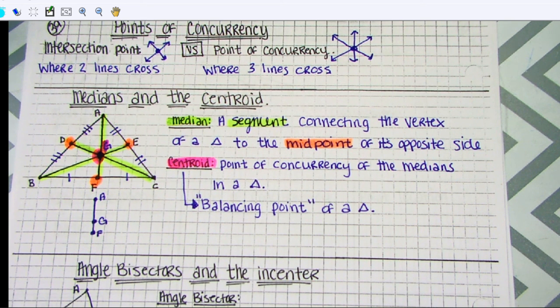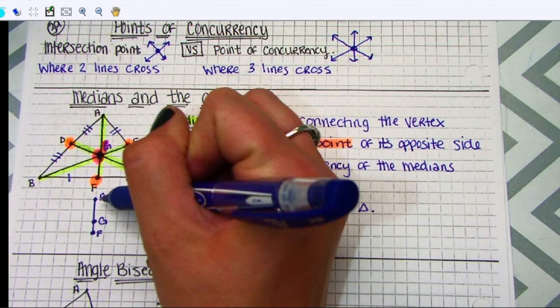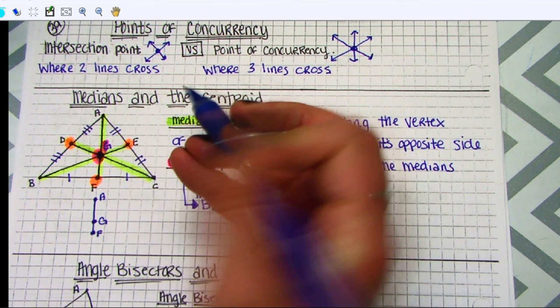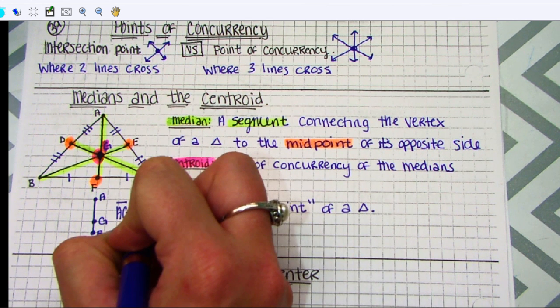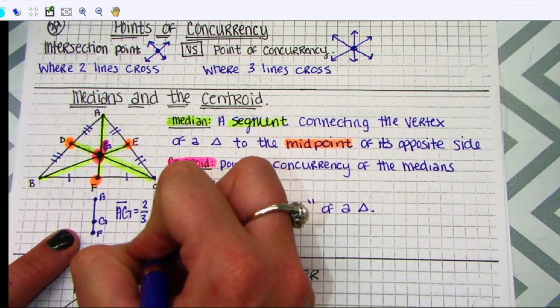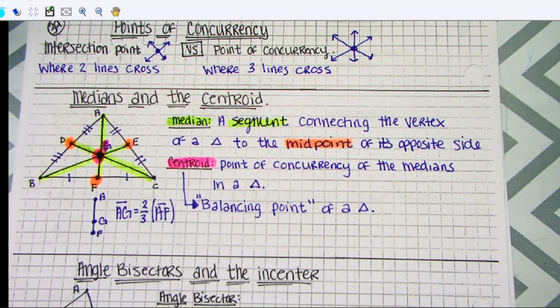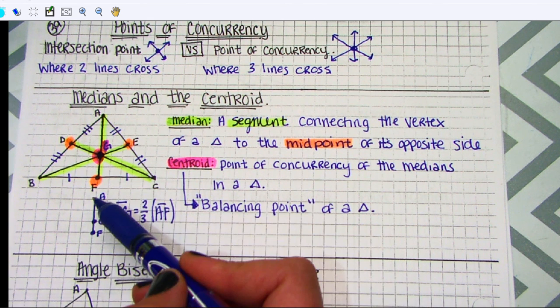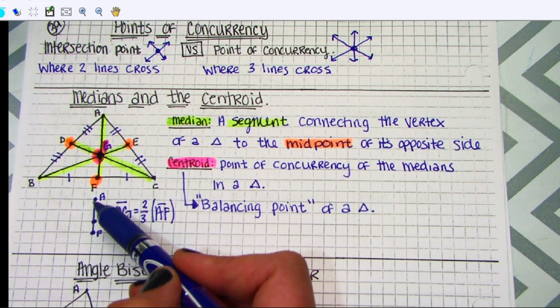So for our equation, the distance from A to G is 2/3 of A to F. As far as memorizing this equation and using it, as long as you can identify it, you're good. The distance from the vertex angle to the centroid is 2/3 of the whole median.